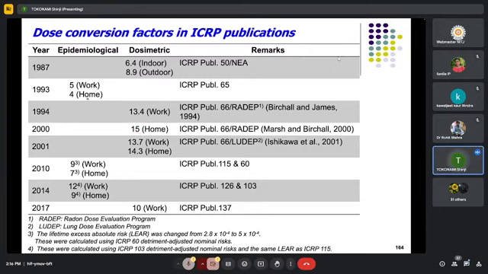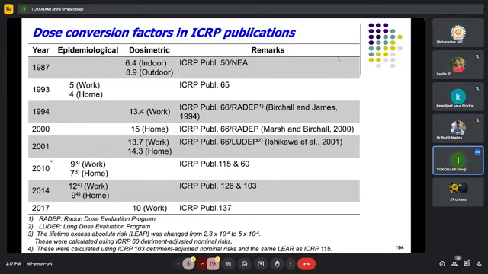There is a threefold difference between the two approaches. Then in 2001, my colleagues calculated the dose conversion factor using the ICRP Publication 66 model: 13.7 at work, 14.3 at home.